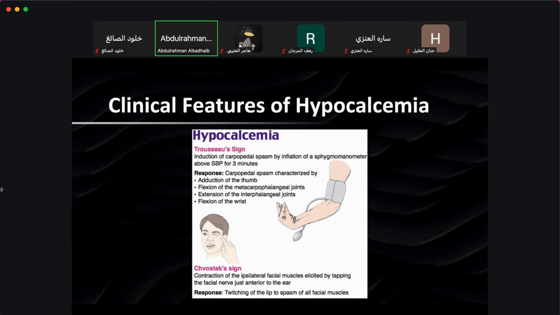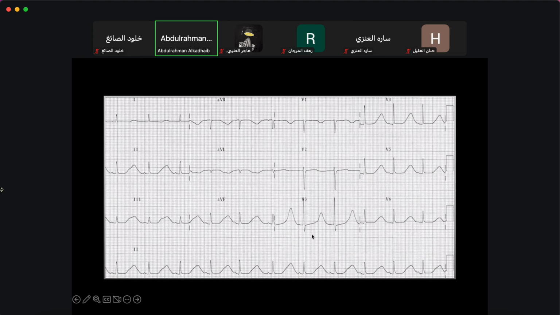Again, we see long QT because the T wave is in the second half of the interval between two QRS complexes, and it's not very close to the previous QRS complex. And again, this is just a rough estimate, but the new ECG machines usually tell you the exact or corrected QT interval.